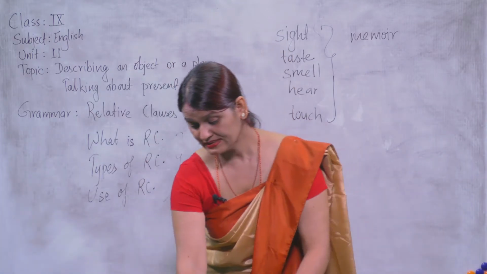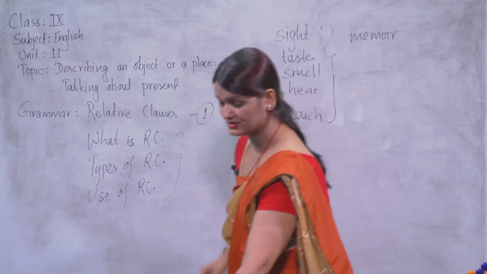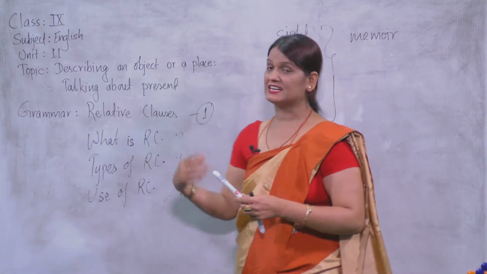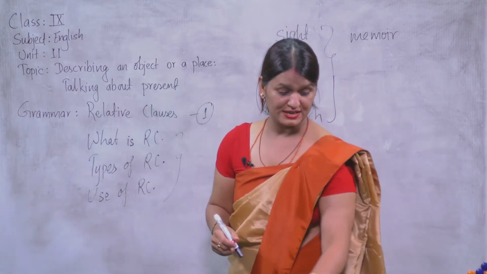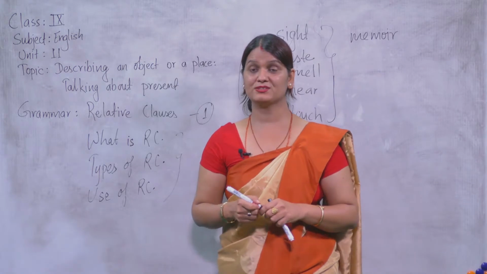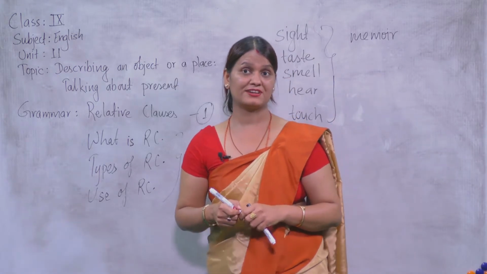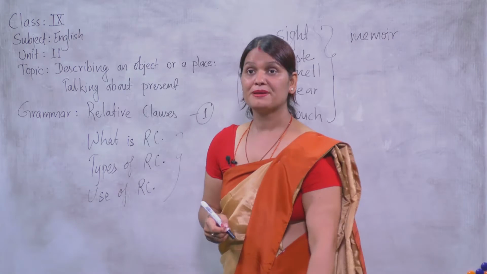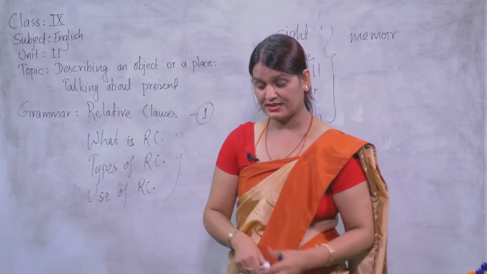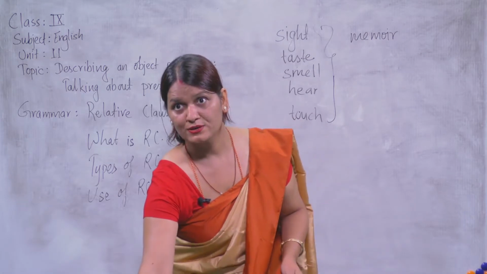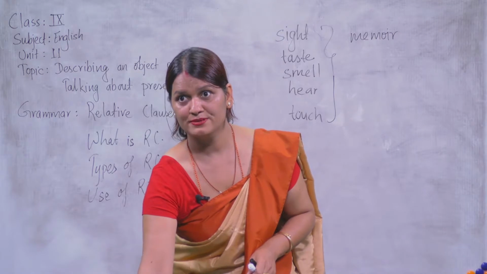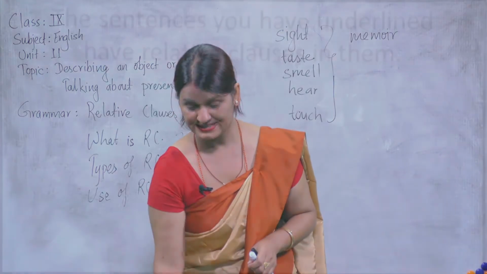Today we are going to talk about relative clauses. Okay, so before starting this, I would like to tell you to look at your book, page number 125 and 126. Okay, there we read the memoir of the writer. So here you go through it and then look at the relative clauses. I would like to give you one example of relative clause from the text.